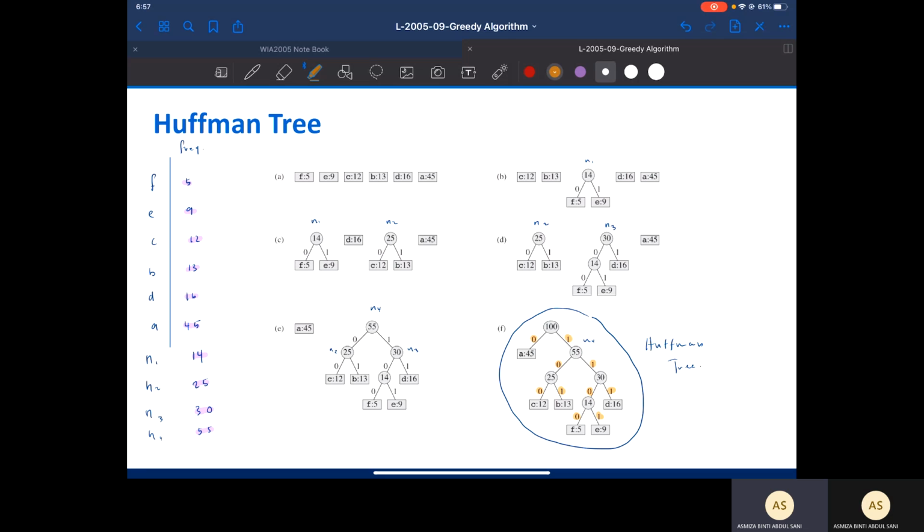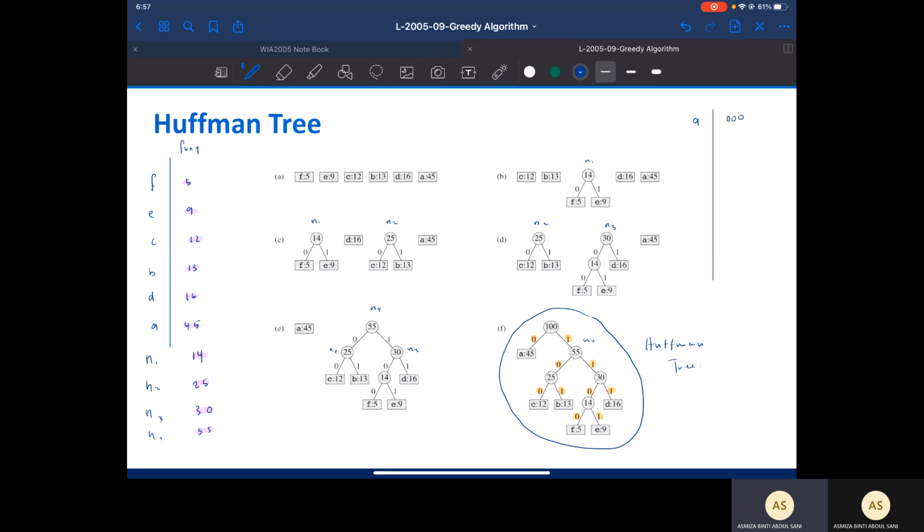Okay, and then in order for you to create the variable length code word, let's say for example for A, so now we can see the variable code length for A. The variable code length for A is 0, 0, 0, because from here going to A is only 0.